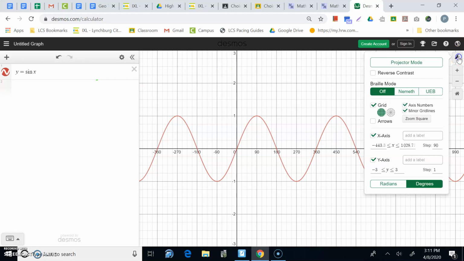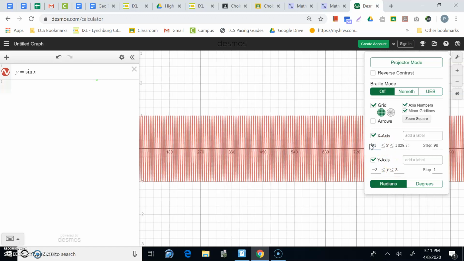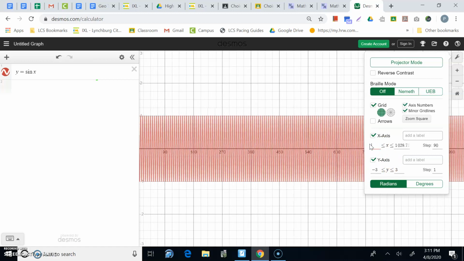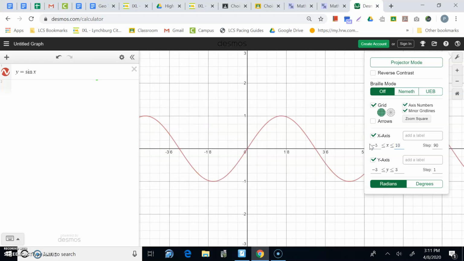We can do all this same work in radians. The only difference is we're going to have to change those key values on the x-axis because for radians we don't need such large numbers. In fact, over those giant numbers, the radians would repeat many times. For radians, well, let's try some small numbers. How about if we go -5 to 10?